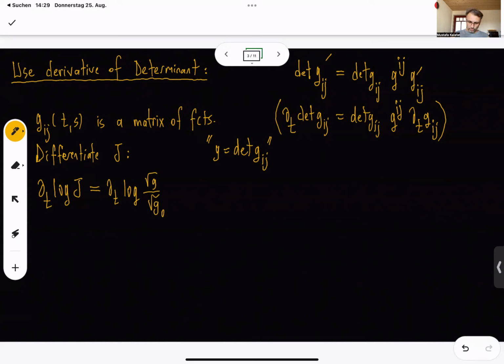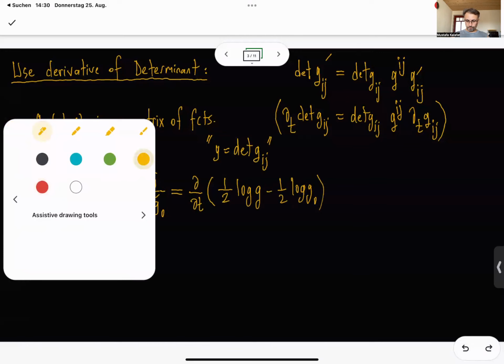Similarly g0. If you start differentiating, the constant term is going to disappear, so the square roots come to the front as 1/2 log g minus 1/2 log g0.